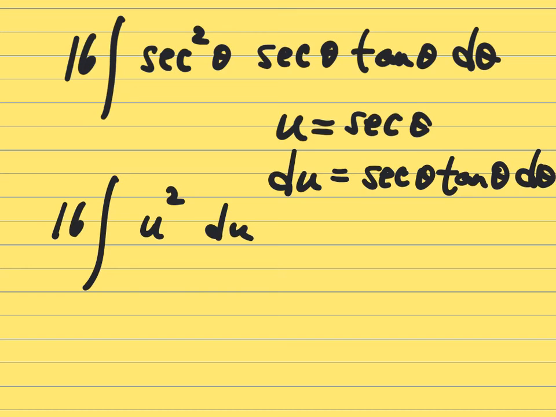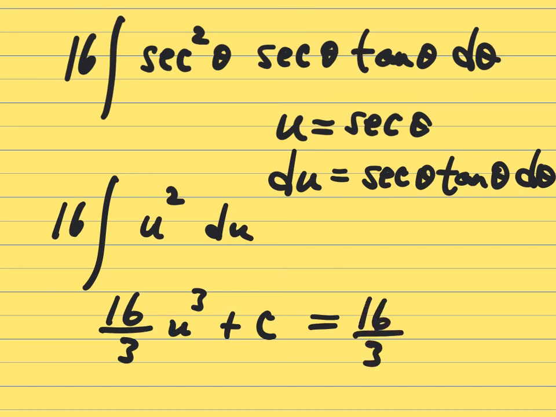That has an antiderivative of 16 thirds u cubed plus c, going back, because now that we've gone from x to trig to u, we got to go backwards from u back to trig. And then you guessed it, we've got to go from trig back to x.